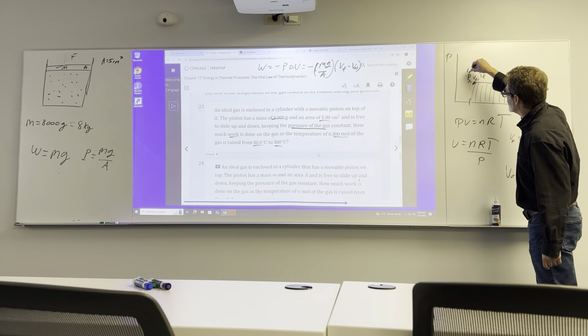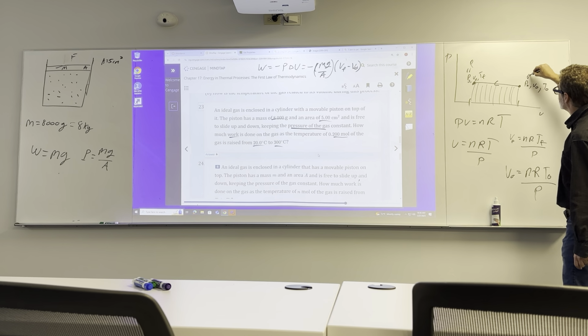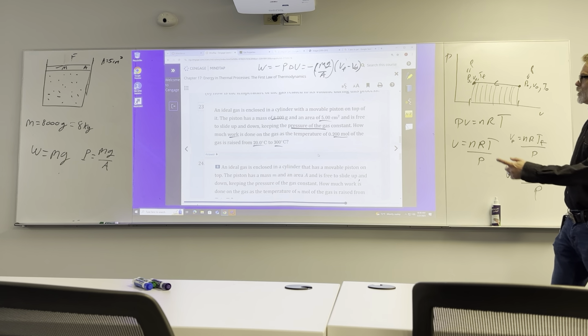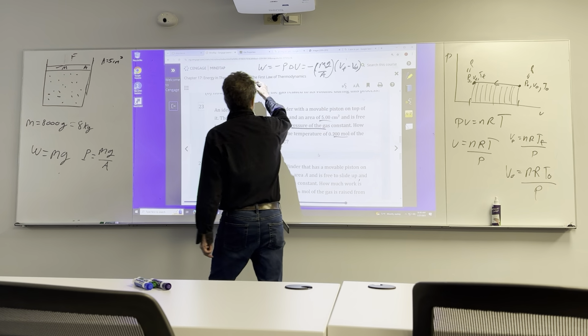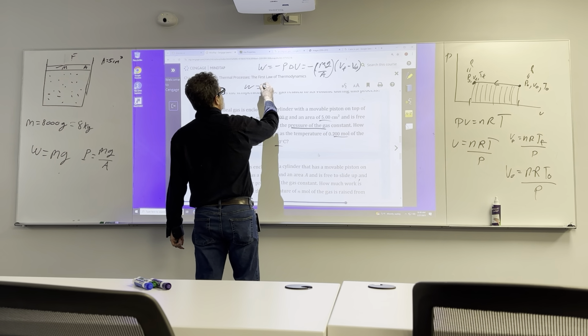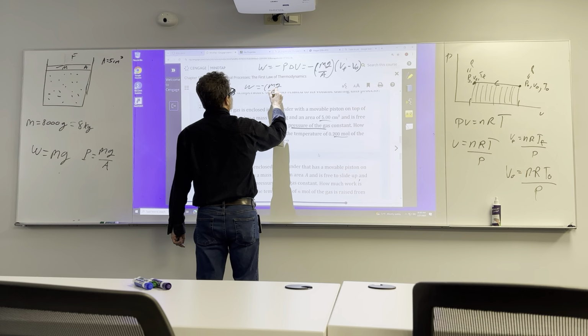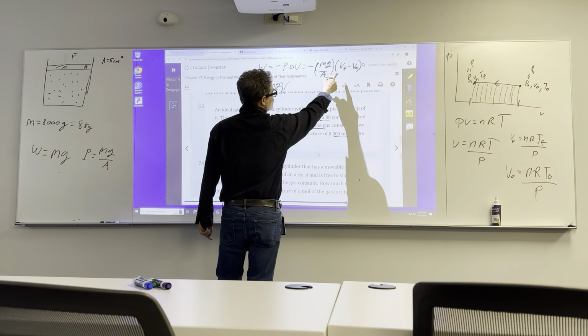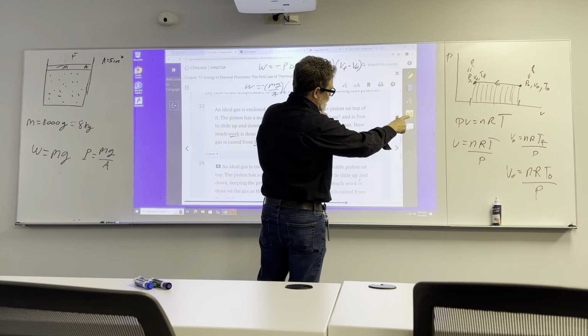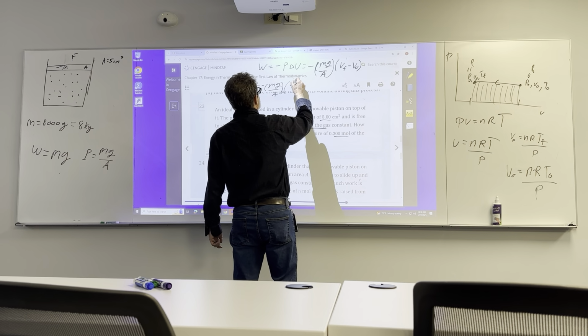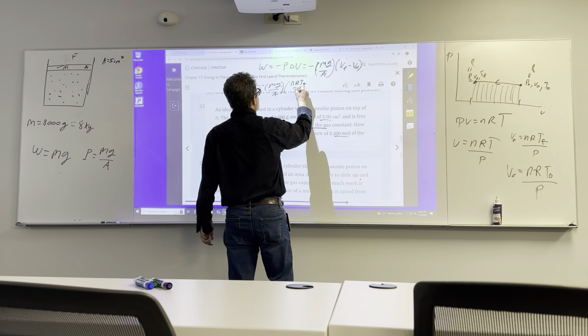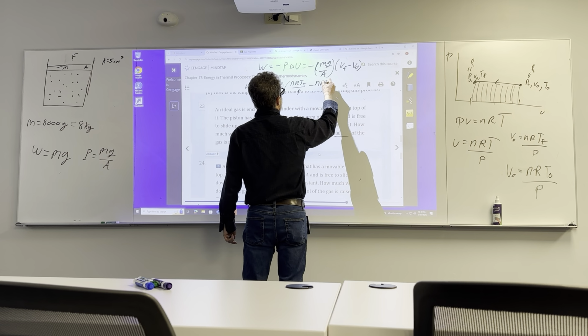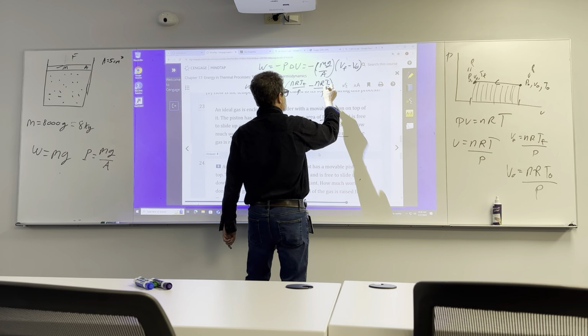Yeah, I'm just going to call it P because it doesn't change. Okay, so we put in for that. So we get work equals minus mg over A times V final, that would be nRT final over P minus nRT initial over P.